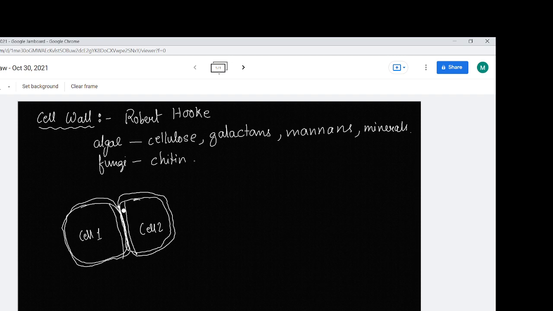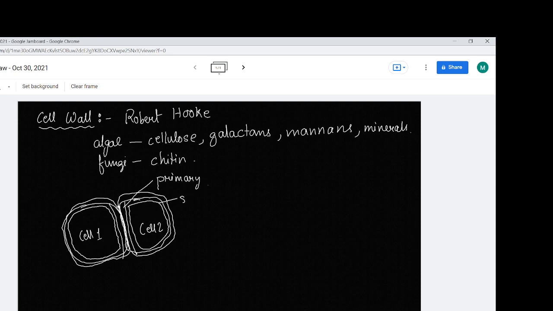Also, apart from this primary cell wall, there can also be deposition of secondary cell wall from inside the cell. There can be many layers of secondary cell wall which can be formed inside the primary cell wall just by deposition of chemicals from inside the cell.